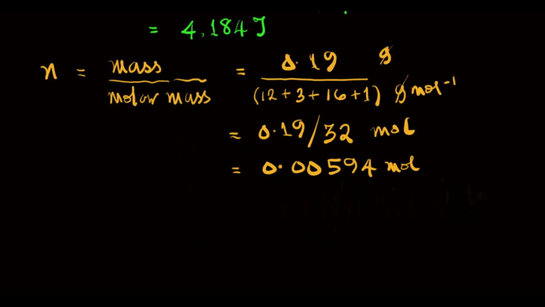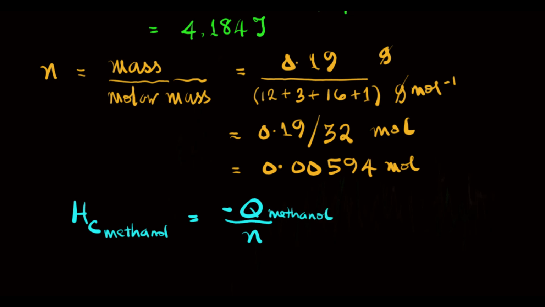Therefore, the enthalpy of combustion of methanol, Hc of methanol, will be calculated as minus Q all over n. Minus Q released by methanol, all over number of moles of methanol.